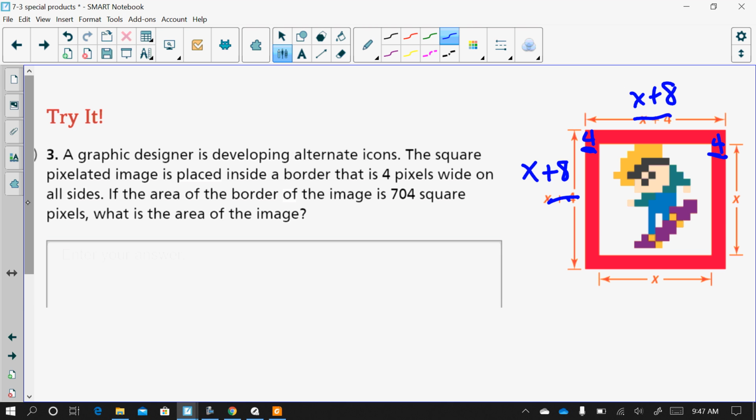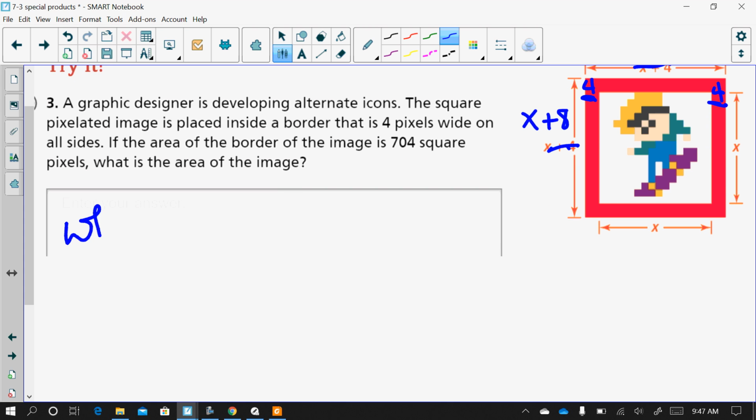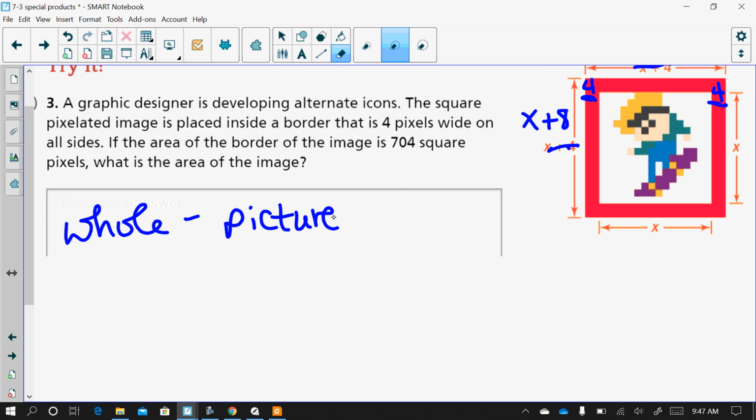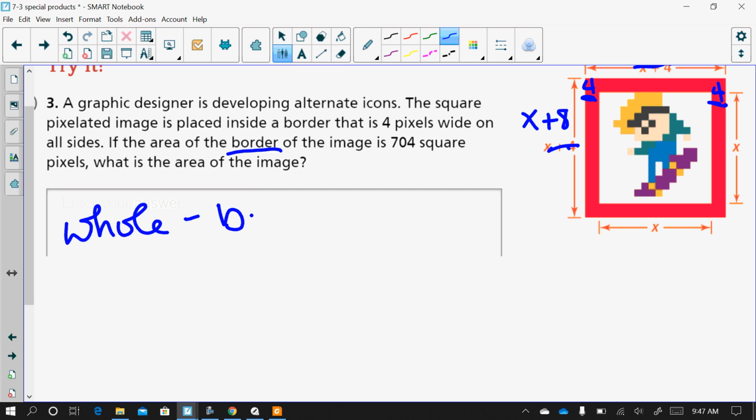So we're doing the same thing. The whole minus the picture. Oh, the whole minus, okay, so we got the whole, and they're telling us this time the border. So whole minus the border equals the image.